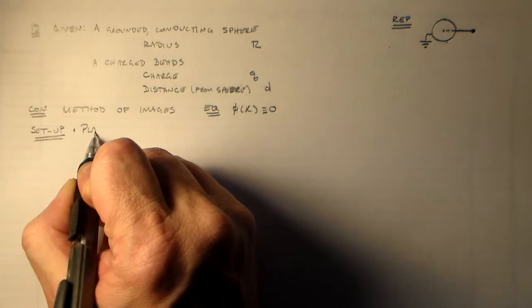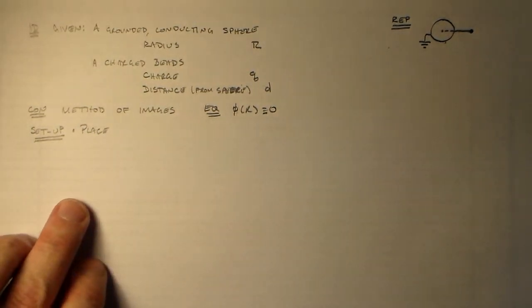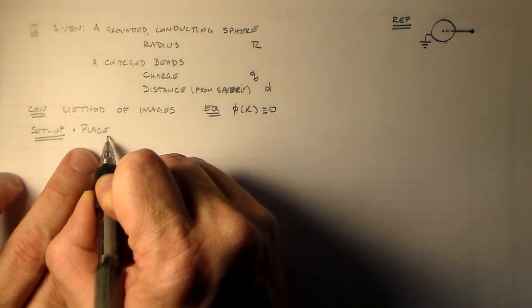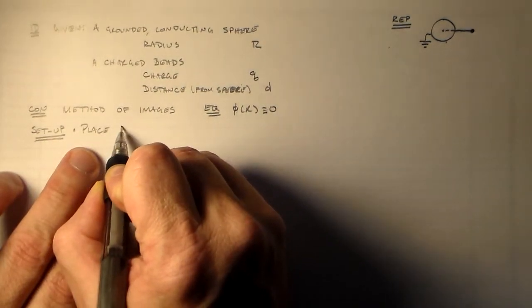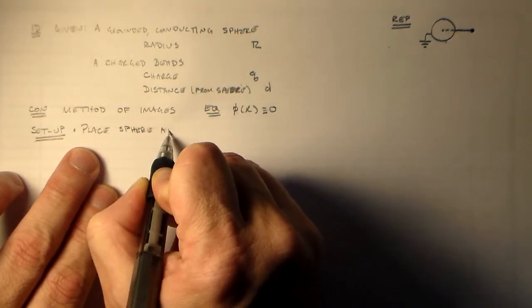Now, this is going to be a very important problem to actually be clear about where everything is. It's going to be really, really important for us. So we're going to need to place the sphere at the origin.